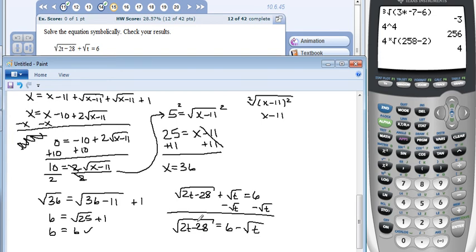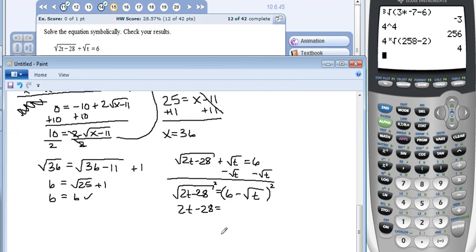Now you're going to want to get rid of this radical by squaring. So you square this side, square that side. This comes off. This is foiling, right? I'm going to leave you alone from here. I think you've got it. Foil.